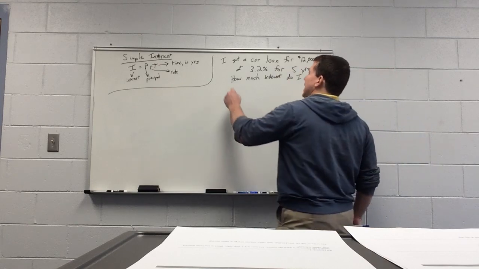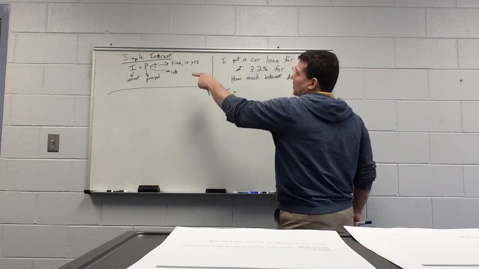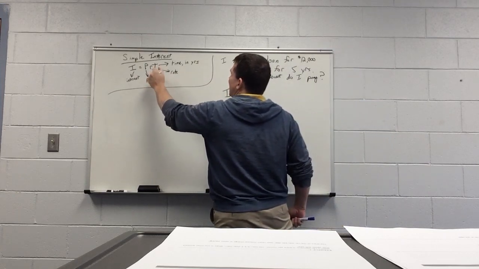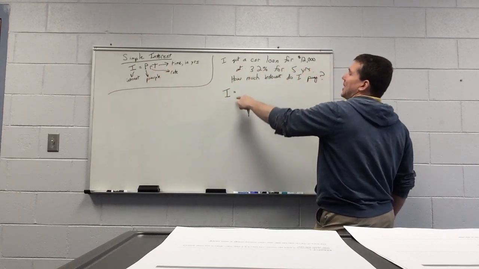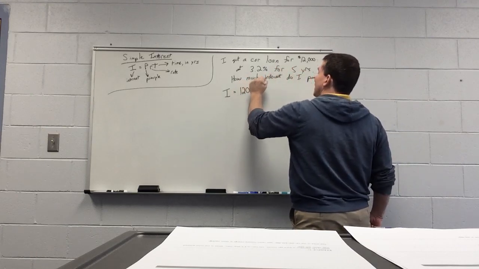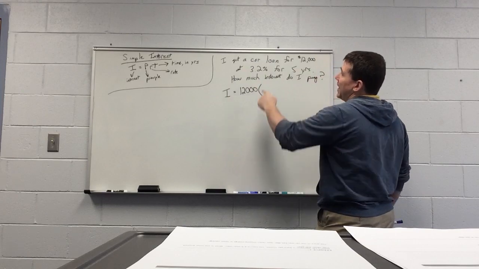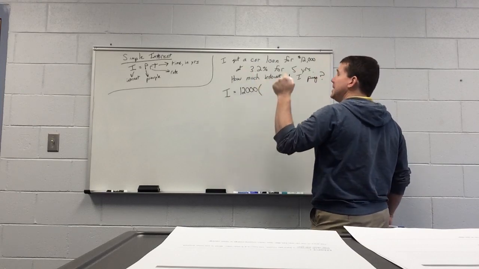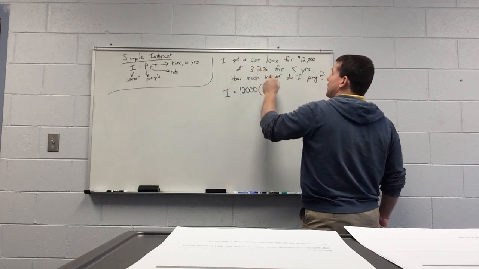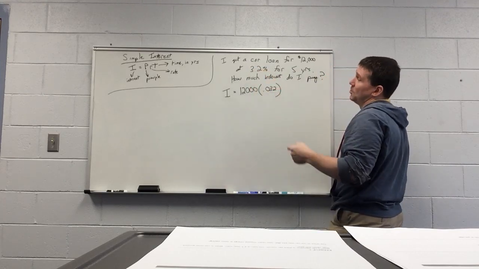But now I just plug in. I is equal to P, principal, that's the amount borrowed, $12,000, times the rate. The rate is the interest rate, 3.2%, but we know when we plug percents into problems, they have to be decimals. So shift 2 places, that's 0.032.